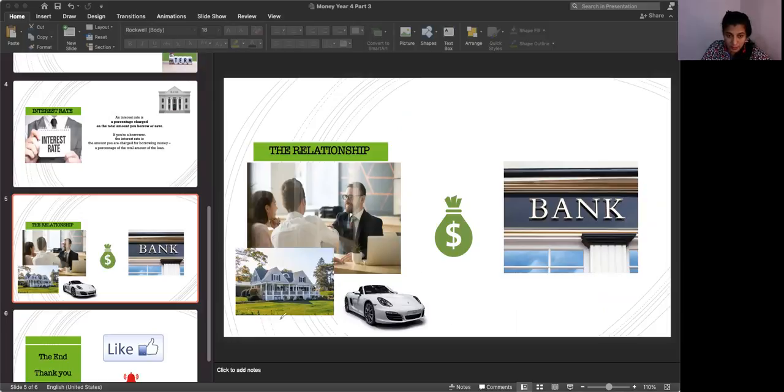But if you don't have the money, but you have the credit scores and you have a job and you fulfill all the bank requirements, then yes, the bank will loan you. Remember, the bank is not going to loan every person who just walks into the bank. Okay, he or she must have that ability to pay the bank back. All right, so this is something that happens in our daily life.